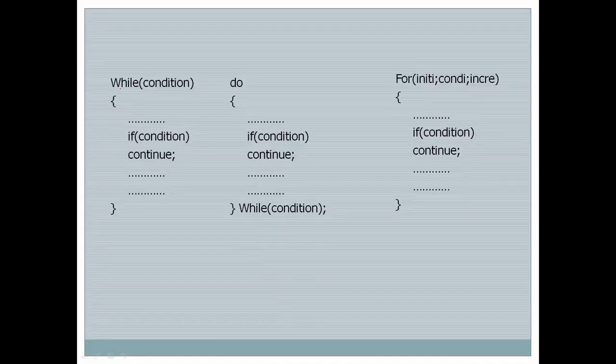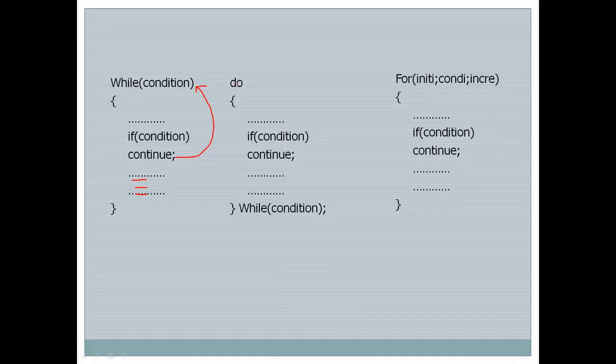In the while loop, if some condition is true, the continue statement will be executed, and the control is transferred back to the Boolean expression part, that is the condition checking part. You may have some statements after the continue, but when the continue is executed, all the statements after it are skipped, that is, not executed. The control will simply be transferred back to the conditional part.